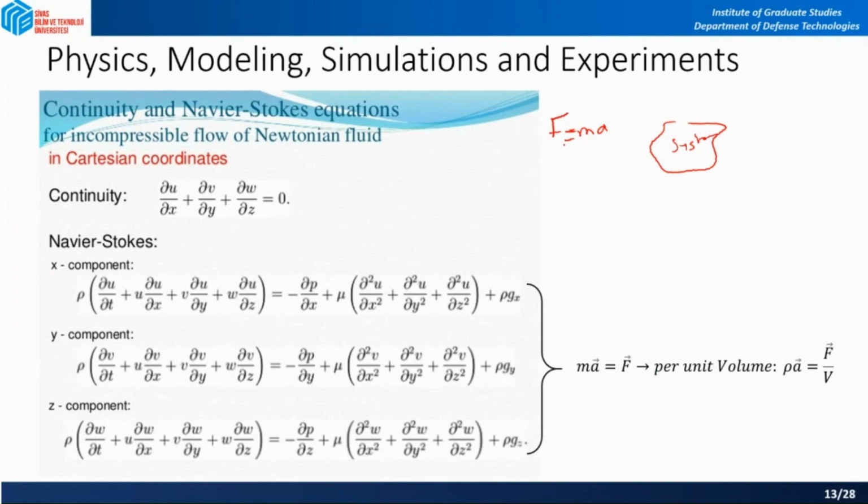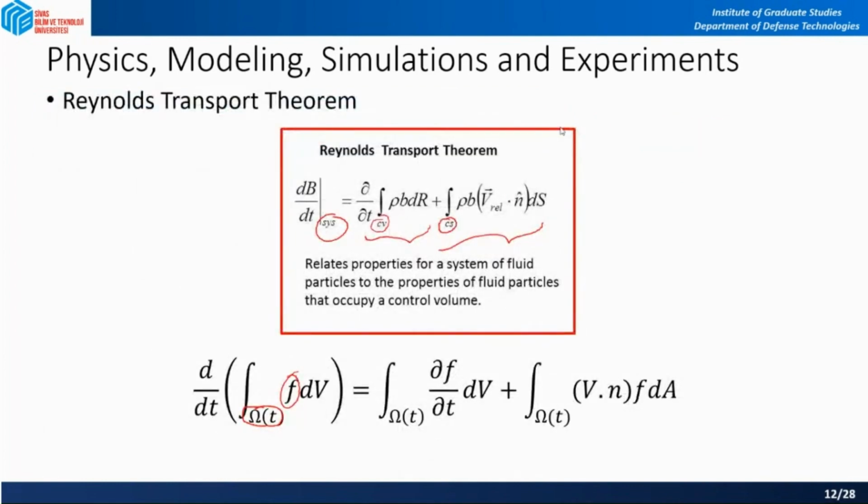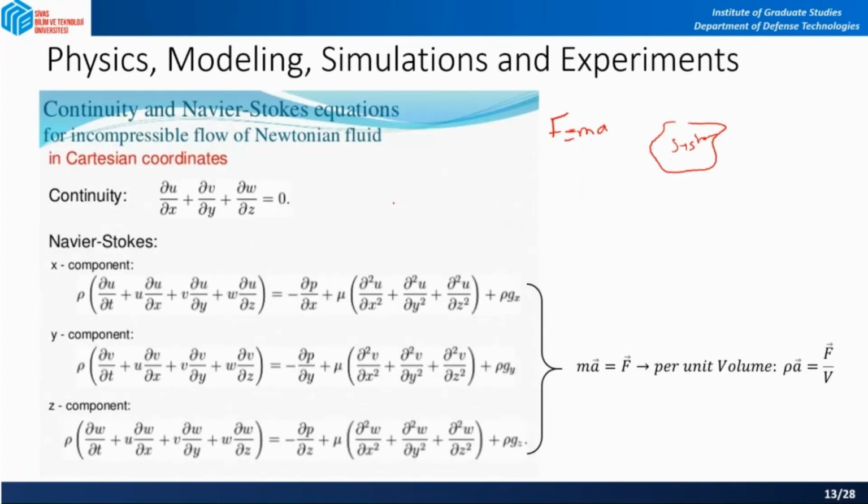You just apply F equals ma to the Reynolds transport theorem. So the function in here will be your momentum, or the b function in here is your momentum per unit density. If you apply it, you will end up with the Navier-Stokes equations, which are the momentum equations.